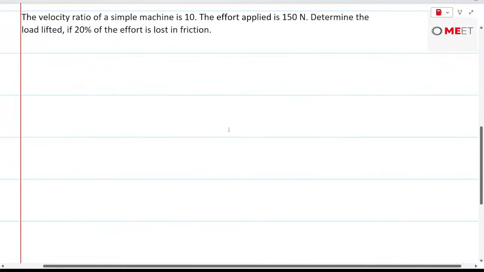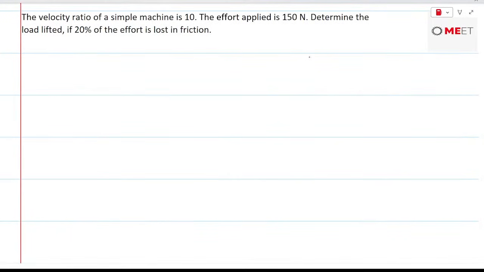In the question, it says the velocity ratio of a machine is 10, that is VR is equal to 10, and effort applied is E is equal to 150. Load to be lifted, that is W, is to be calculated if 20% of the effort is lost in friction.